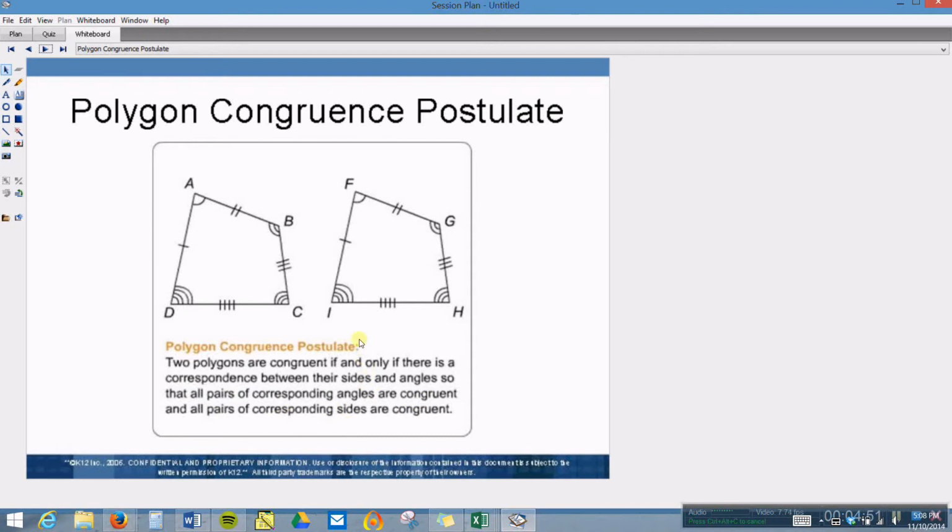Basically, this is corresponding parts of congruent figures are congruent. I know it's a lot of the same words, but you can see that BC is congruent to GH. Well, if BC is congruent to GH, then the angles that are formed by them have to also be congruent. That's all that means.